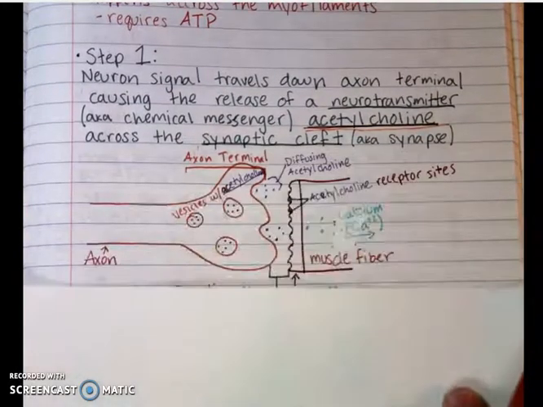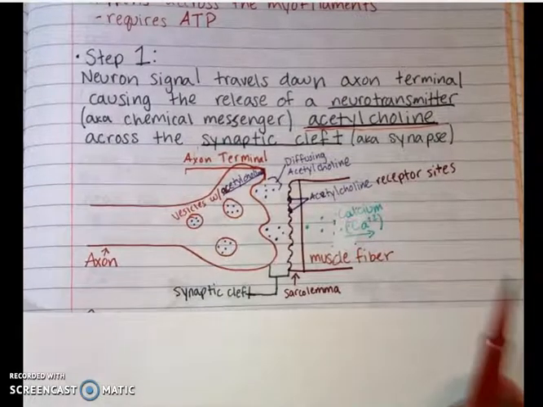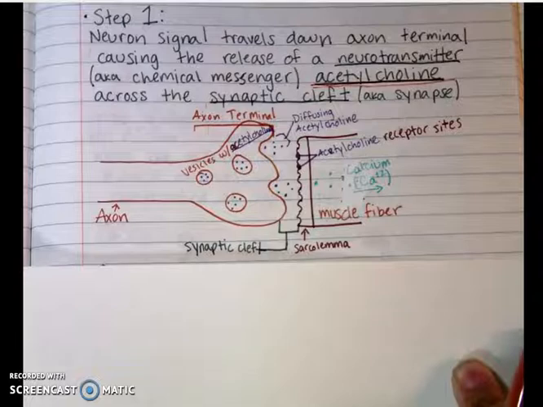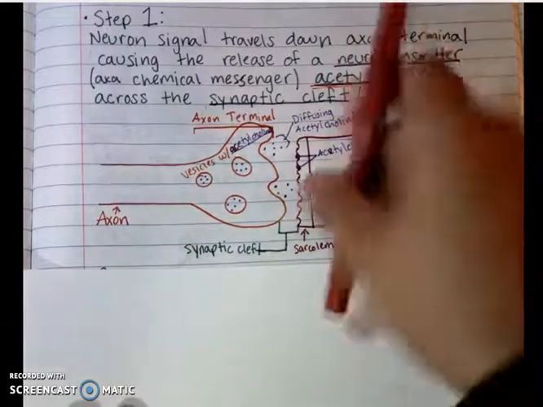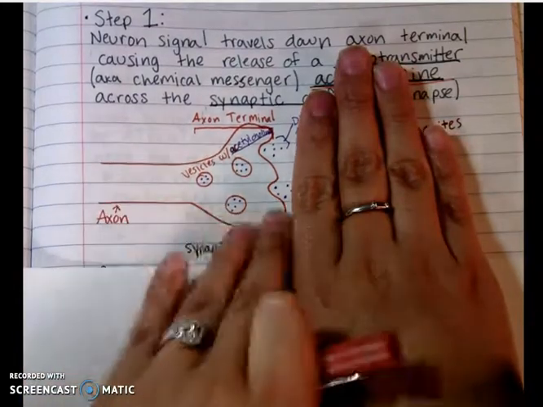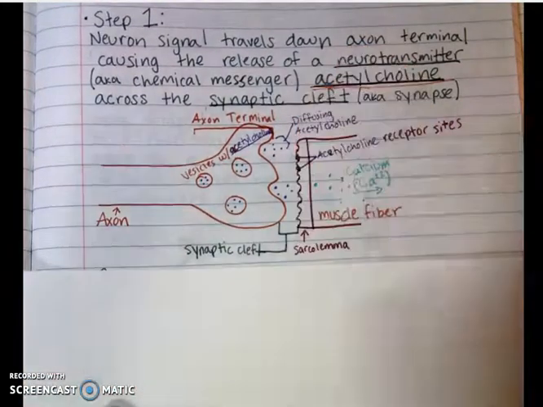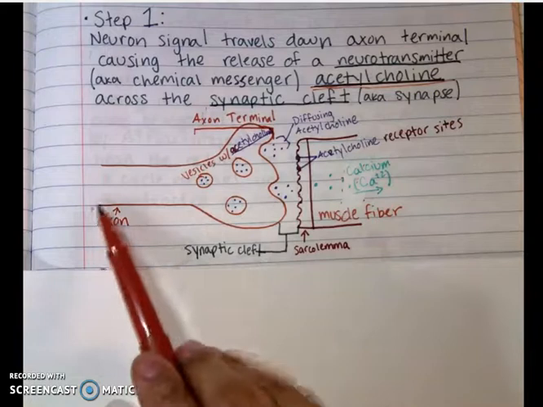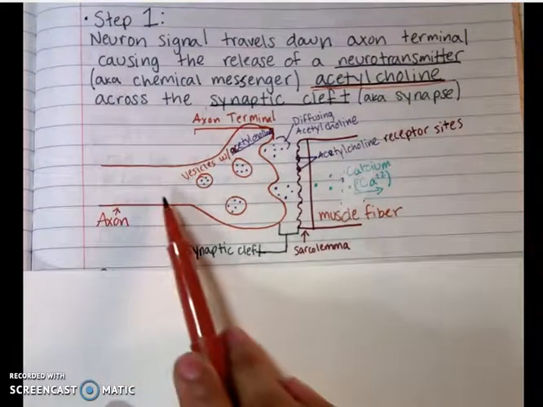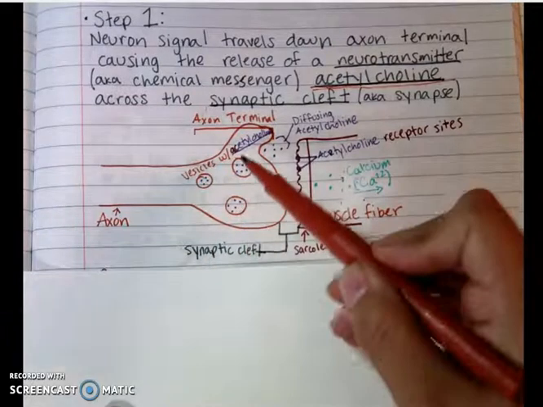Now, if you go down here, this is a pretty rough sketch of what is happening. Step one goes from this left side. Like I said, you have your axon, so you have your nerve, and it's going to be sending a chemical message in the form of acetylcholine.